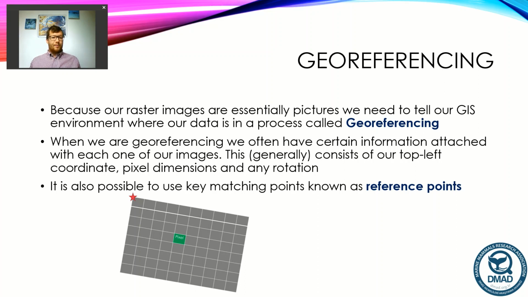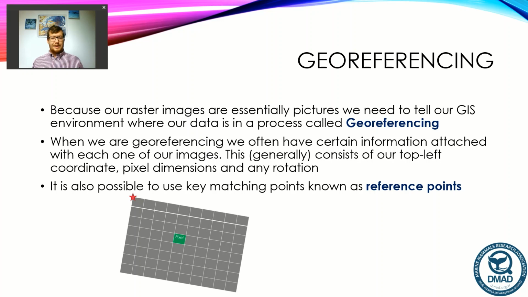When we're georeferencing, often our pictures or aerial images have certain information. Our grid of cells is likely to have the top left coordinate, which I've indicated with a star, and then the pixel dimensions, the X and Y, and if any, it might have information about the rotation as well.